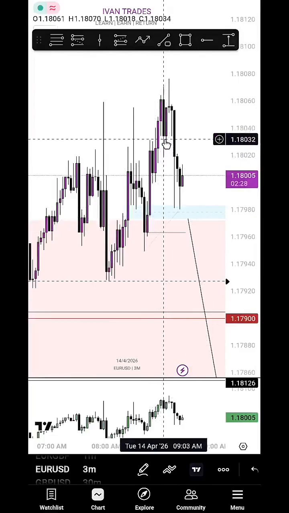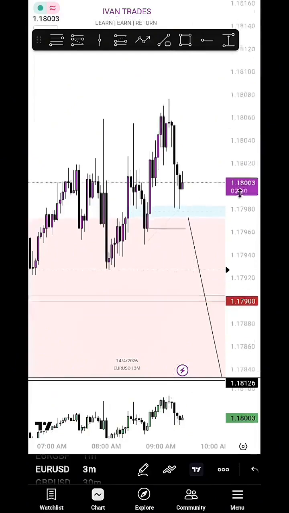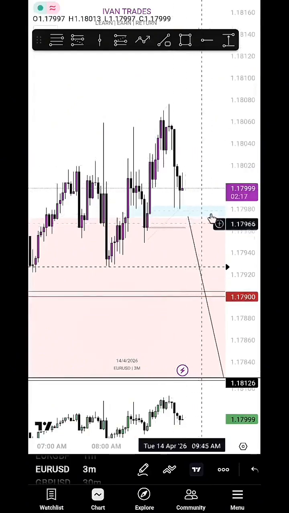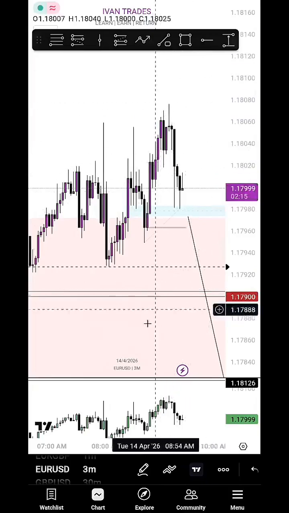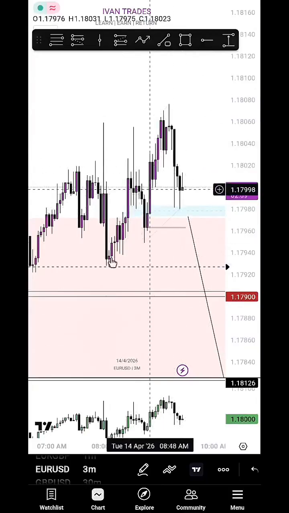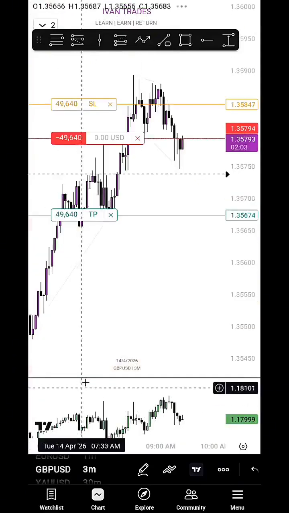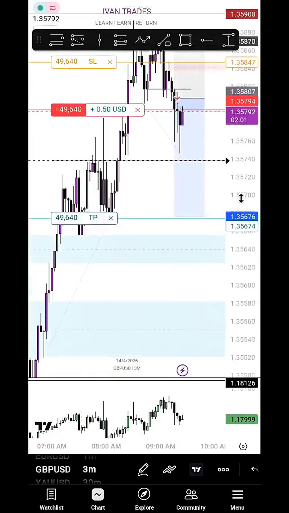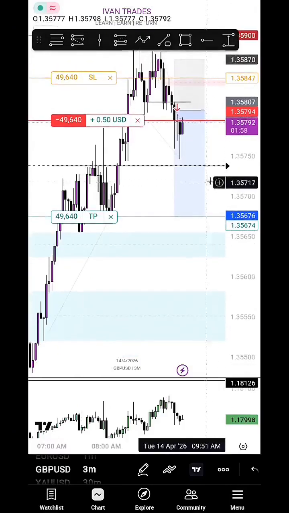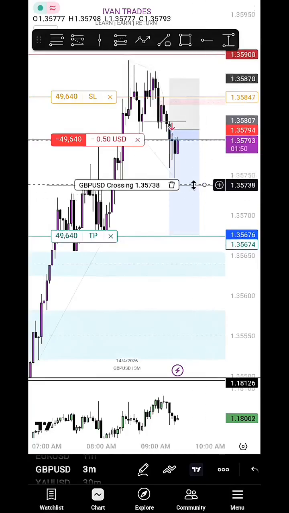The euro is deranging me too much, so I'm going to put this alert right here. You can see that we didn't get an entry, but if I was going to wait for the EURUSD, I would have to wait for this 9 AM candle to close fully and wait for 9:30, because the setup essentially right here, the first one, this fair value gap got reclaimed.